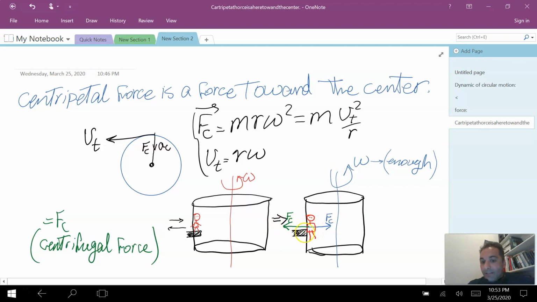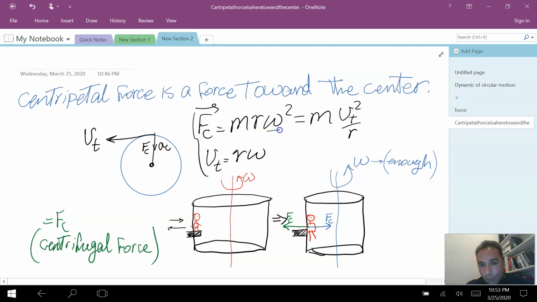So why do this boy or girl not fall? Because the centripetal force, which makes a reaction into the wall, that force pushes the person, the boy, the girl, or the object on the wall. So it doesn't let the person fall. Okay? So this comes only by rotation.